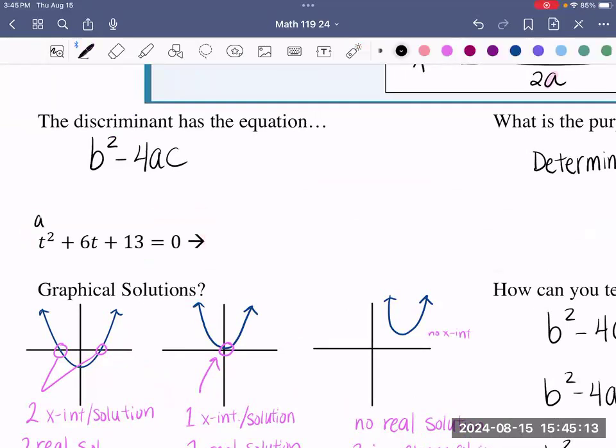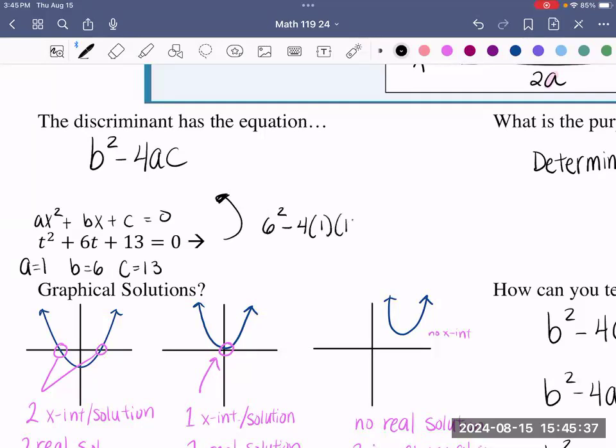Well, we have ax squared plus bx plus c is equal to 0. So a is equal to 1, b is equal to 6, and c is equal to 13. So if we put it back into this equation, we have 6 squared minus 4 times 1 times 13. So then you would just do the math pretty quickly. 6 squared, 36, minus 4 times 13 is 52.